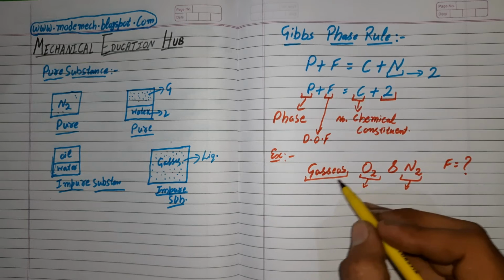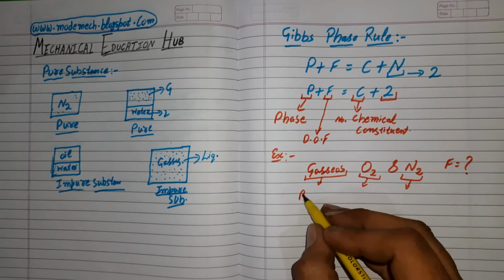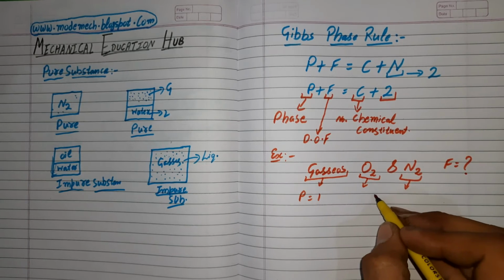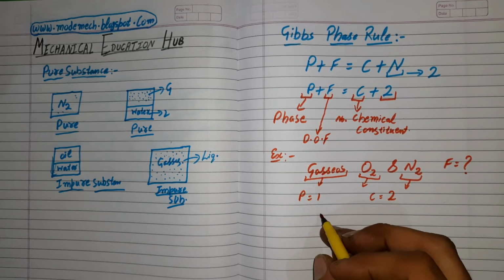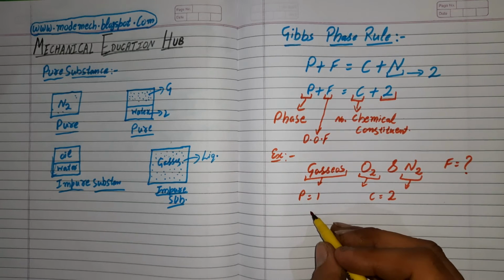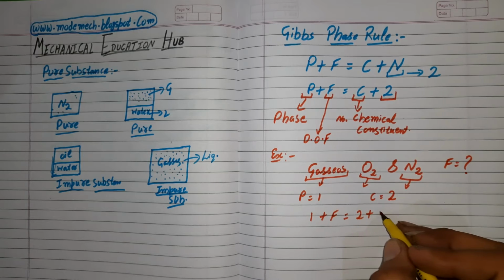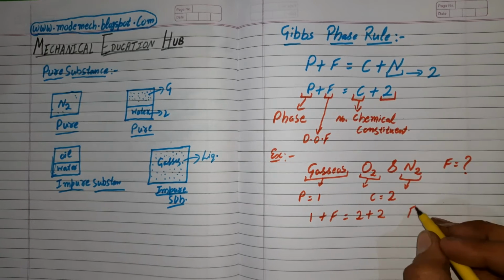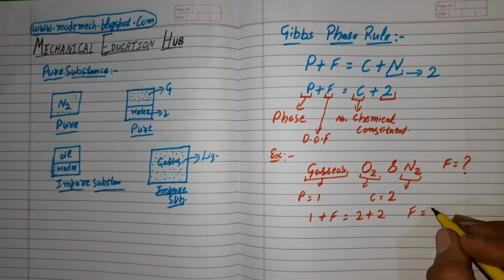The phase in which they are present is gaseous. From here we conclude that P is 1 and C is 2. If we put these values in the formula, we get 1 plus F equals 2 plus 2. Now the degrees of freedom for this condition is 3.